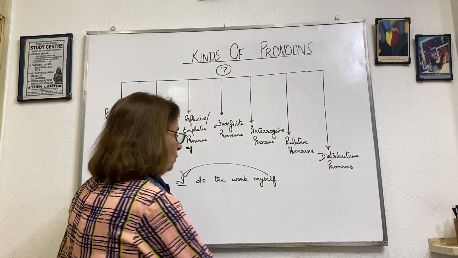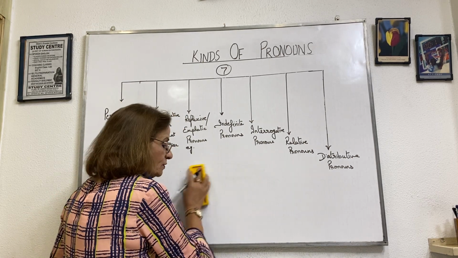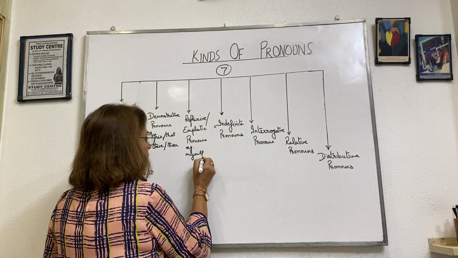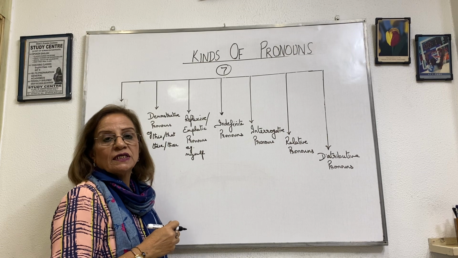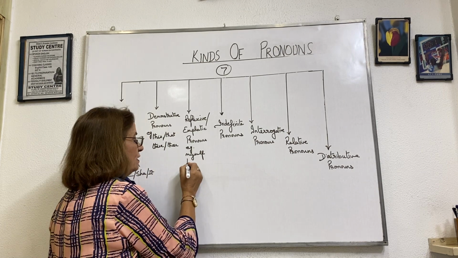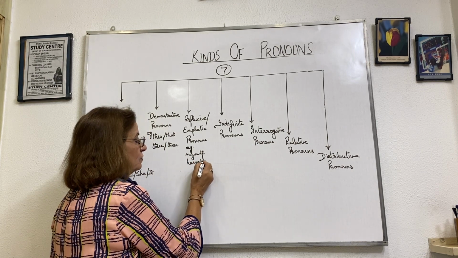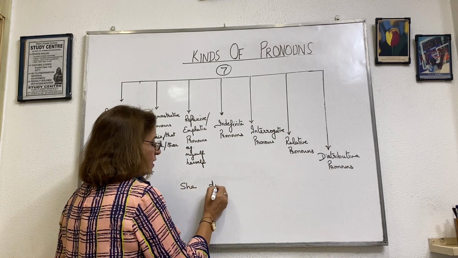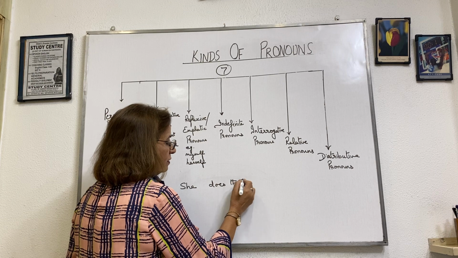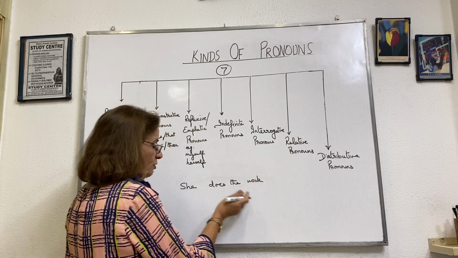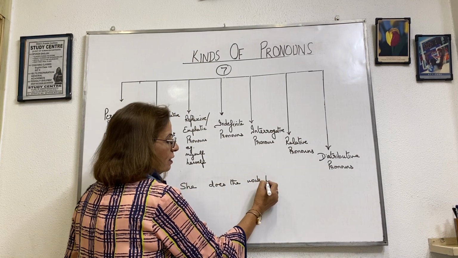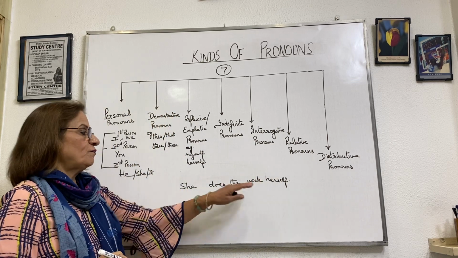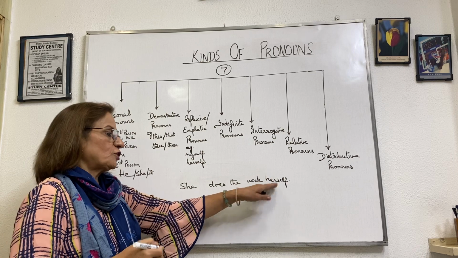Okay? So, which are the reflexive pronouns like myself? If it is a girl, then what will we say? Herself. Suppose I say, she does the work. It reverts back to she, so it will be herself. Okay, so emphatic or reflexive pronouns revert back.